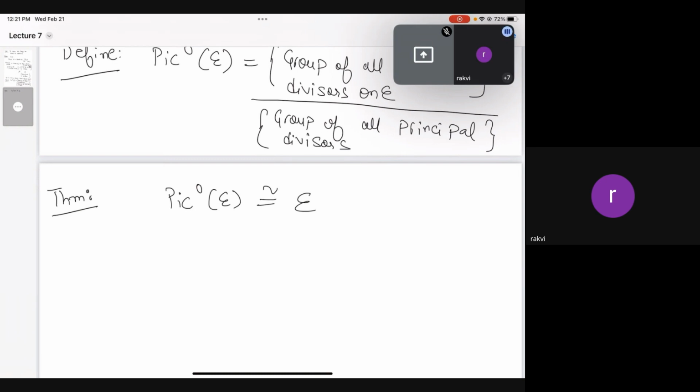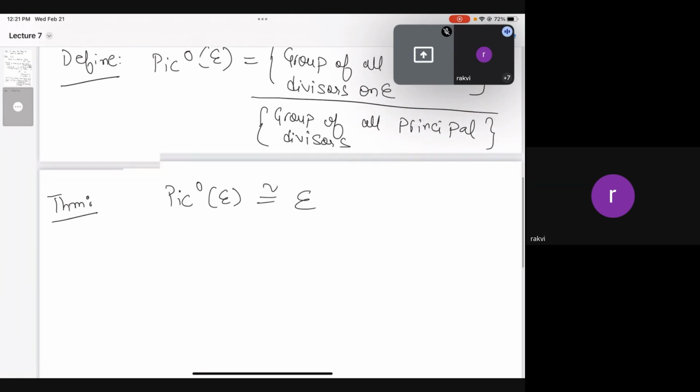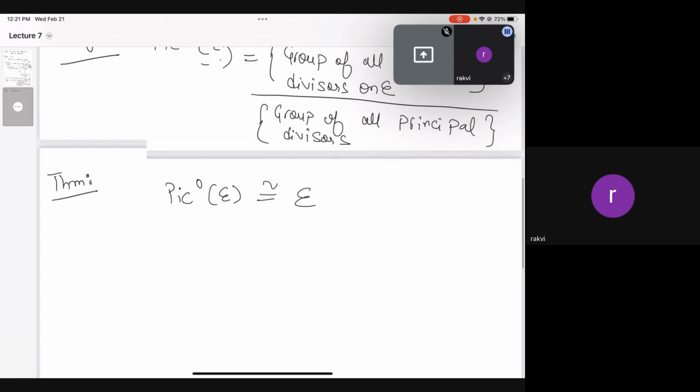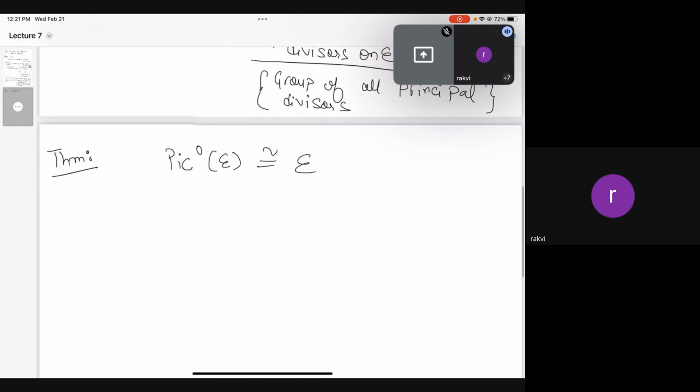So elliptic curves are quite an exception in that sense, because they behave differently than the other genus curves. So this is the isomorphism. What is Picard zero? It's a quotient group. So let me take an element in here, a divisor, which is actually a class.